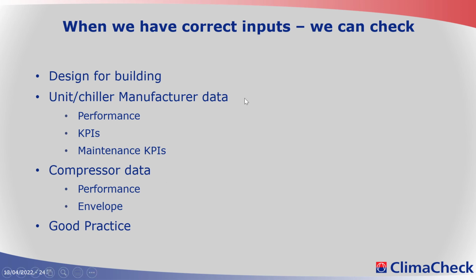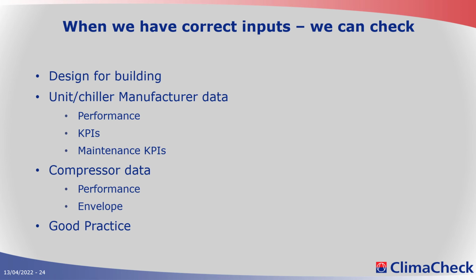So, I mean, we can check everything when we have done our measurements. If we're measuring when it's very hot outside or cold outside, we can even check the design of the building and if the chilled water temperatures are correct, if the cooling water temperatures are correct. So we get an overall picture of the whole system.